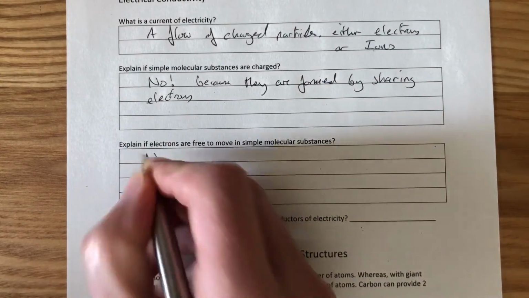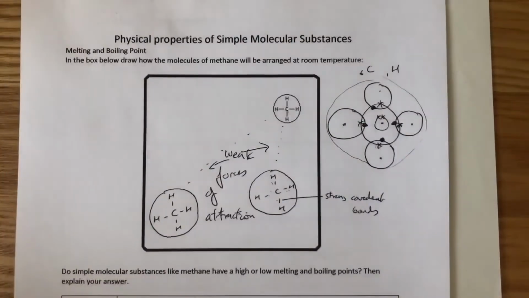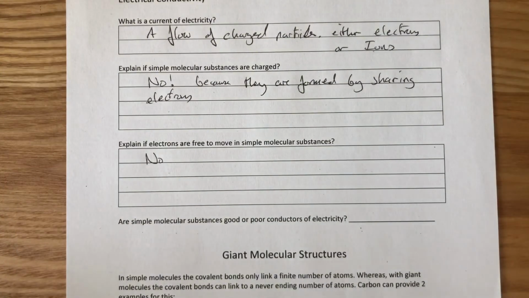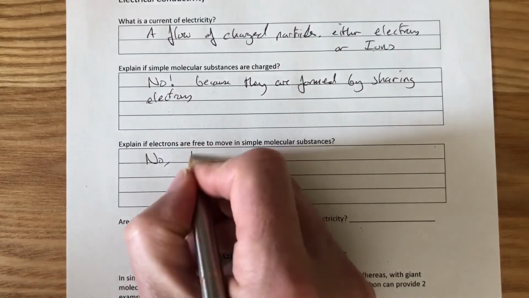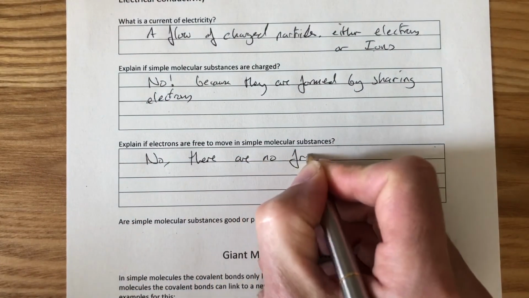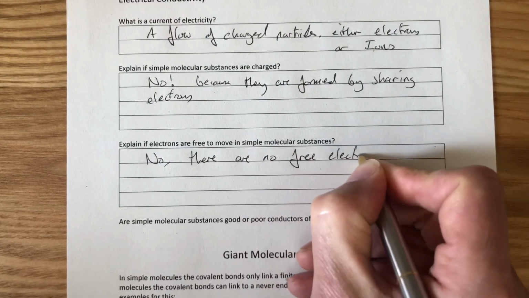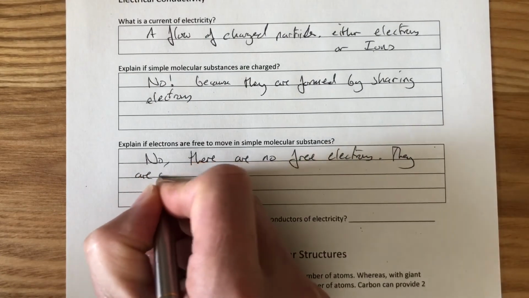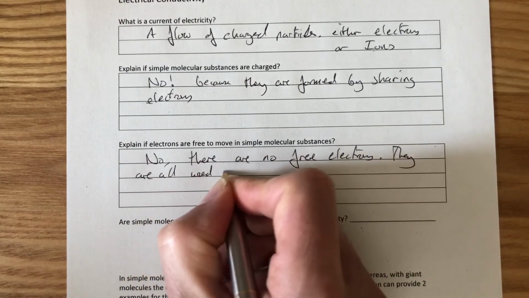Explain if electrons are free to move in simple molecular substances. Answer: no. Let's go back to this diagram. All the electrons are used in bonding and held in place. There are no free electrons. They are all used in bonding.